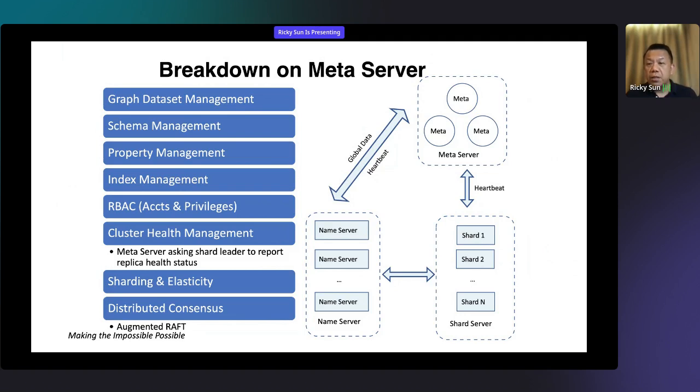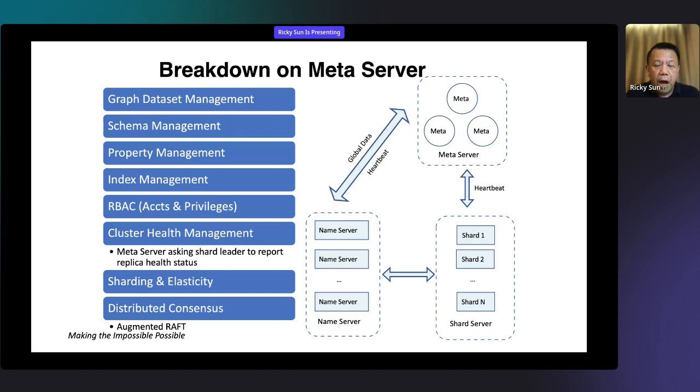In some designs, the entire functionality of the meta server can be consolidated into the name server, but we are separating them, just like a microservice setup. So we have different functionalities, and if you can decouple them, a lot of parallelization can be built into the system, meaning gaining better horizontal scalability, right?